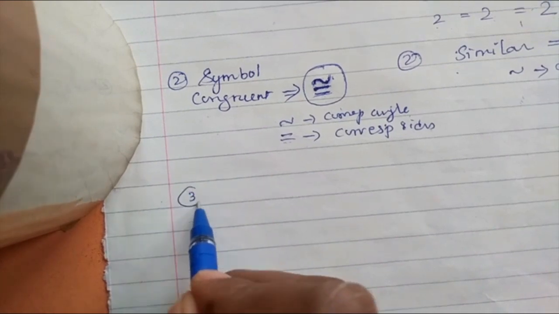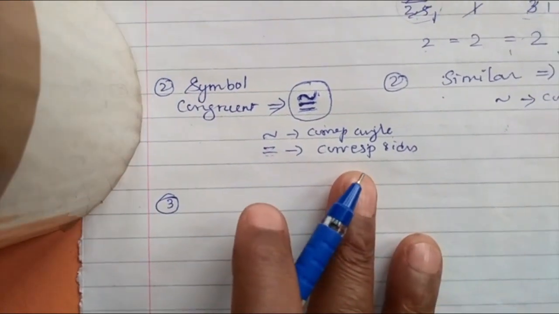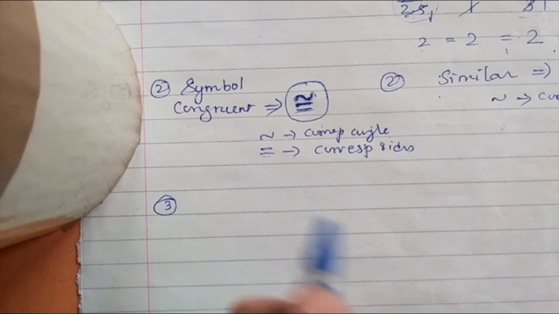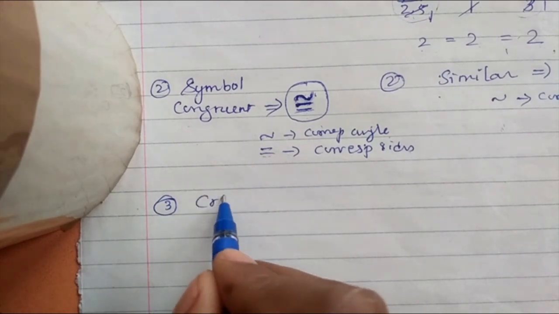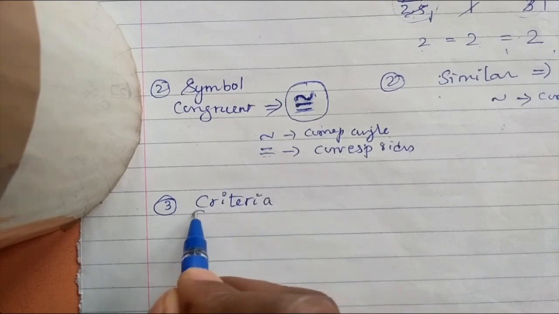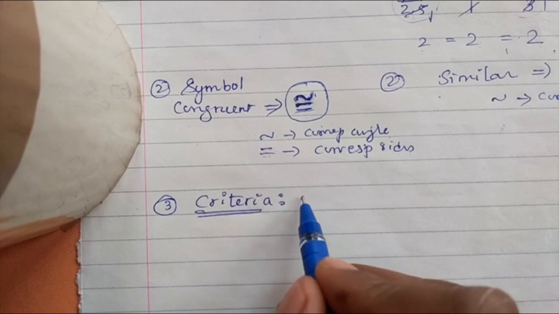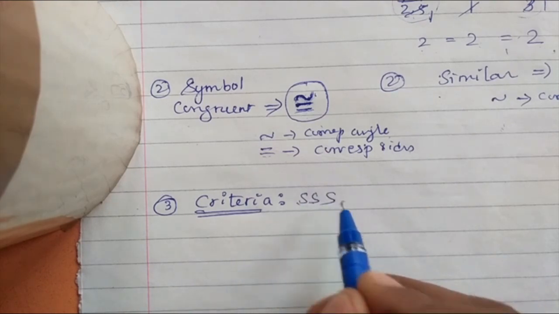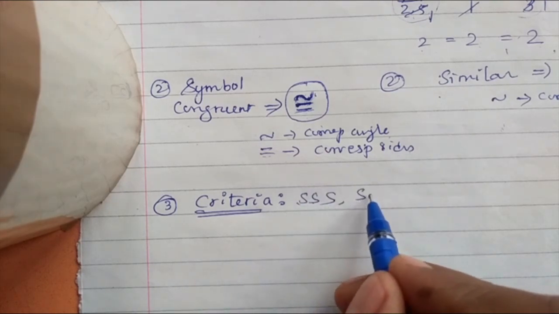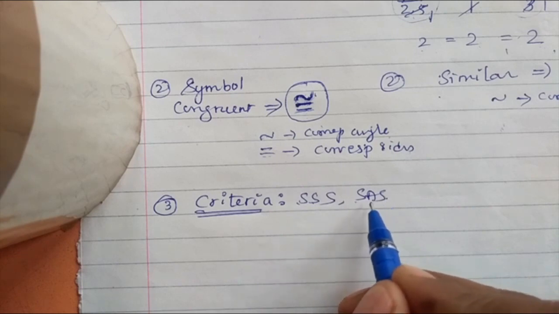The third difference. To prove two triangles are congruent, we are following many criteria. That is SSS, side, side, side. SAS, side, angle, side.